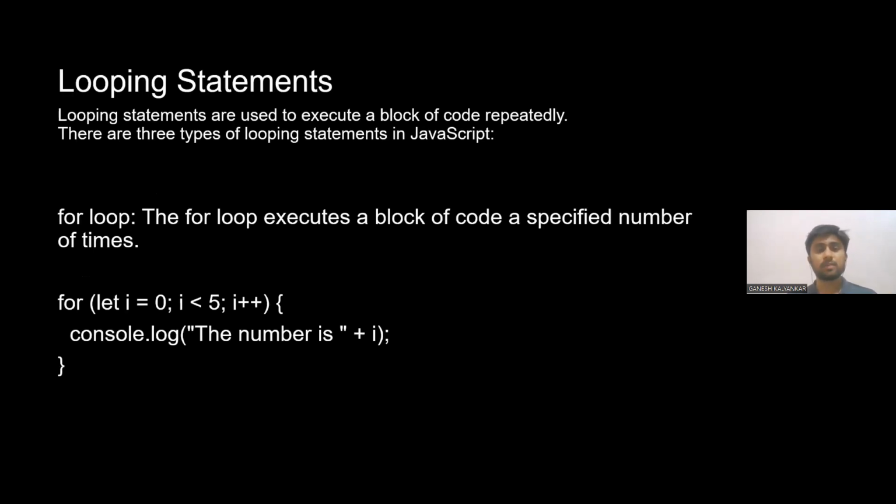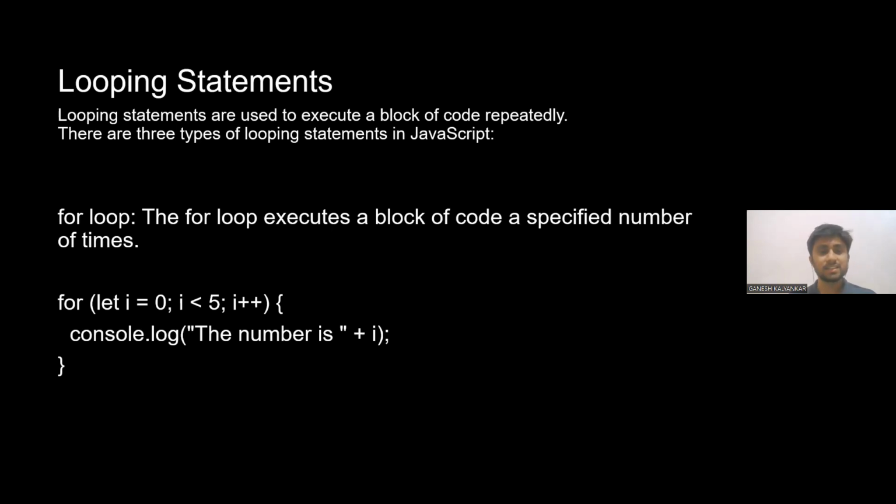Next is looping statements. Looping statements are generally used to loop or iterate through any data structure like array, list, etc. As you can see here, there are three expressions. First one is for loop. In for loop, there are three expressions.